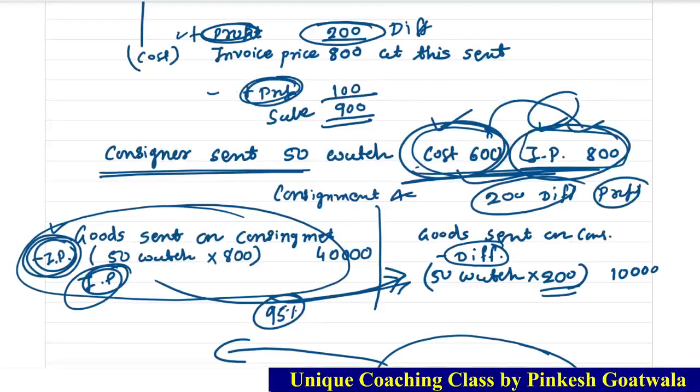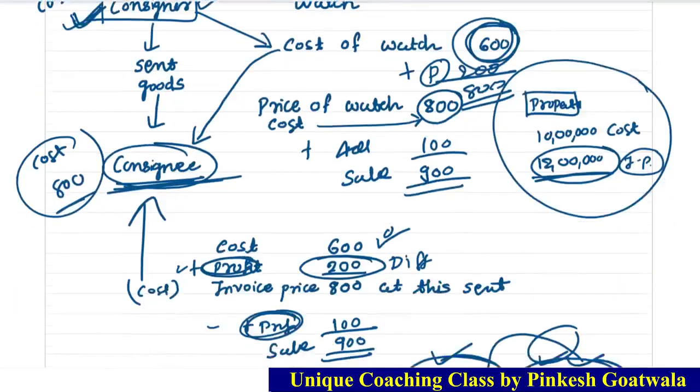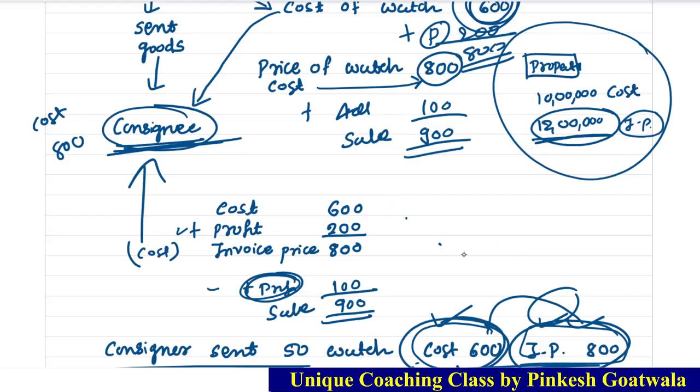If we add profit to cost, the invoice will come. Here I just explain that cost is 600, but the consignor, when sending goods, will already add 200 profit and send at 800. So profit 200 is added to 600 in advance, and 800 is called the invoice. So indirectly this formula is made: cost plus profit is equal to invoice price.